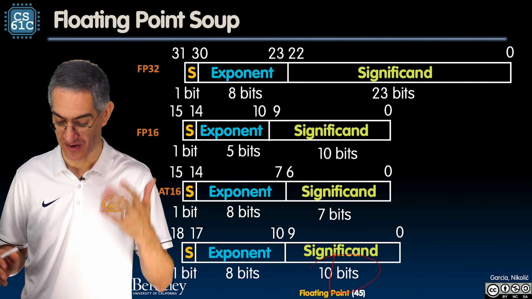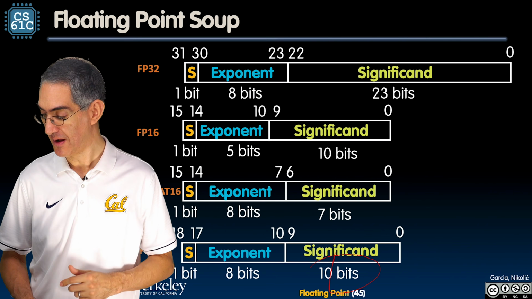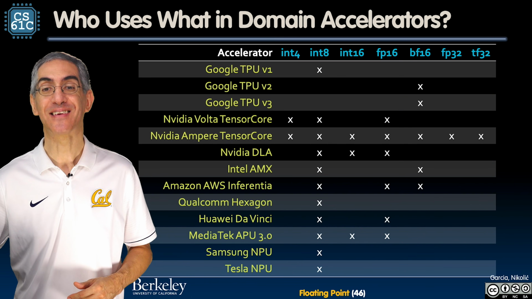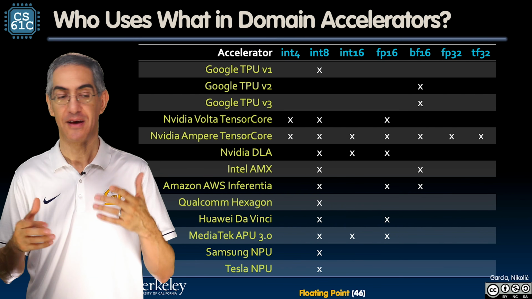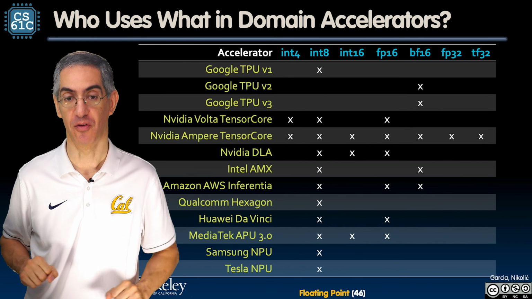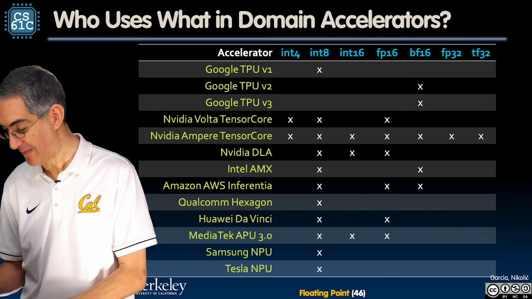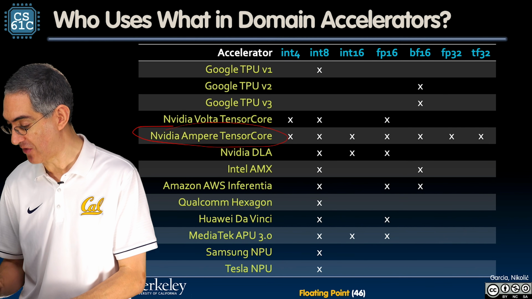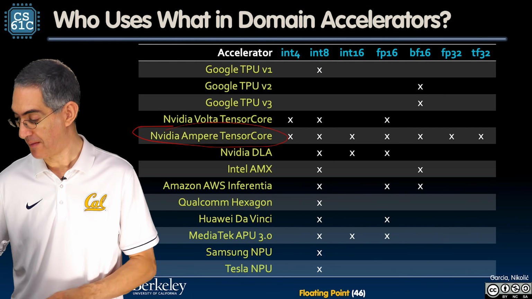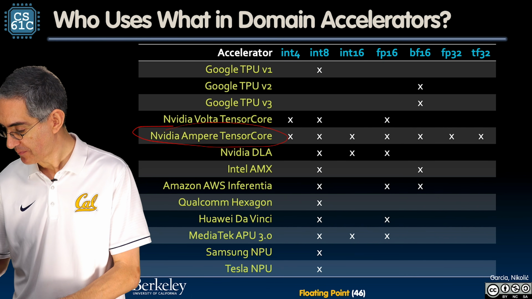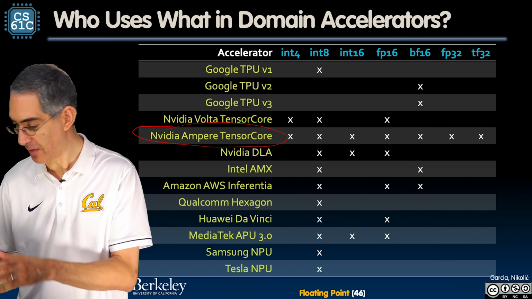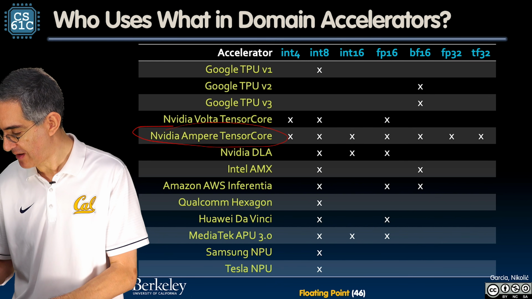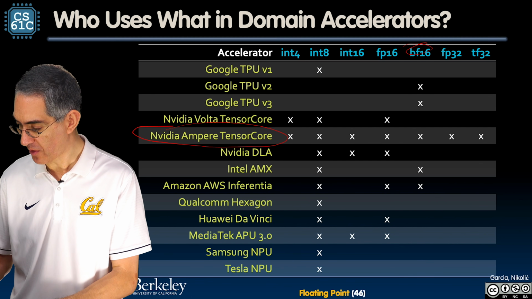So it's not a multiple of 8. That's a little weird. And in fact, domain accelerators have even more, or I would say spotty, support of all of them. Looking at this table, the key thing I'm seeing is that NVIDIA is the only one who supports all of them. Notice that most of them support different sizes. To optimize, they'll only work with the B floats, or only with int 8s.